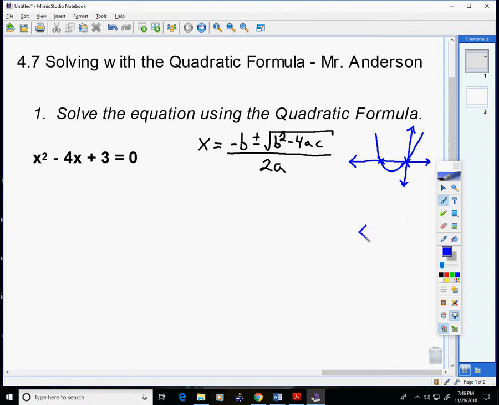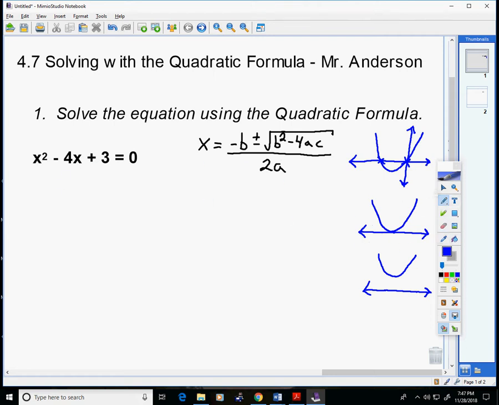I could have another situation where my parabola only touches the x-axis, so it only intersects the x-axis in one spot, like that there. Or I could have a situation where my parabola doesn't even touch the x-axis, like that. So here I would get two x answers, and here I'd just get one x answer.